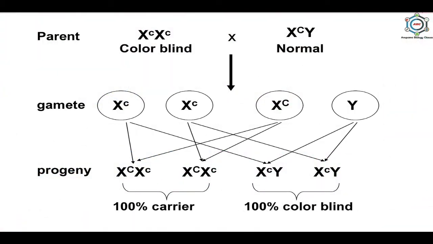And if a colorblind female, that means mother, crosses with a normal man, in this condition all the daughters are carriers of the color blindness, and 100% of the sons will be colorblind in the next generation.